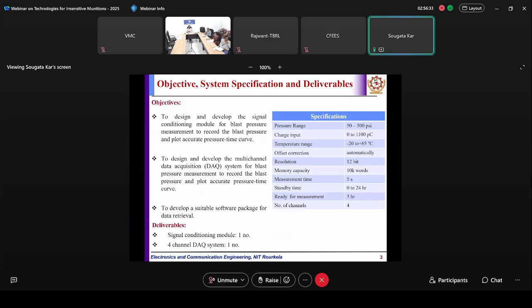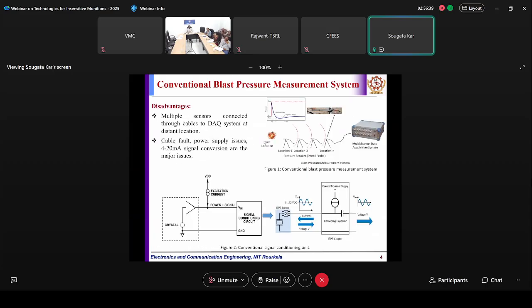Now, if you look at the conventional blast pressure measurement system, there multiple sensors are connected, and in most cases we have seen that a pencil probe type sensor arrangement is used, and from there a long cable is connected to a data acquisition system which is placed at some distant location.